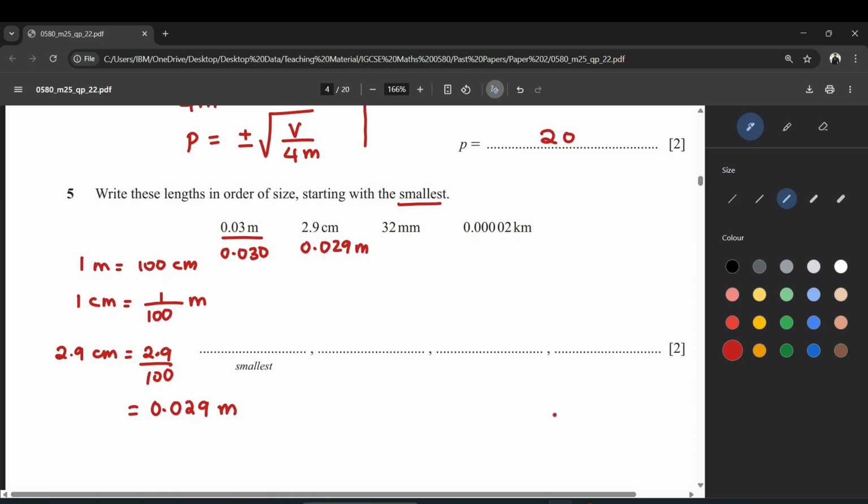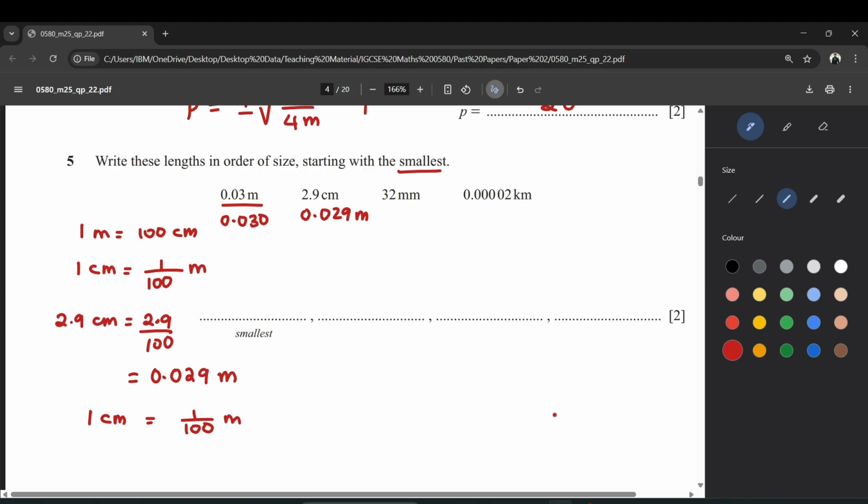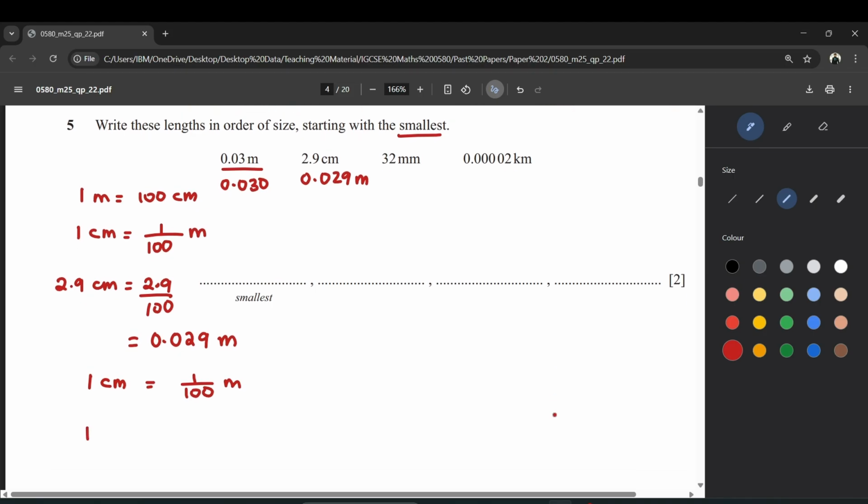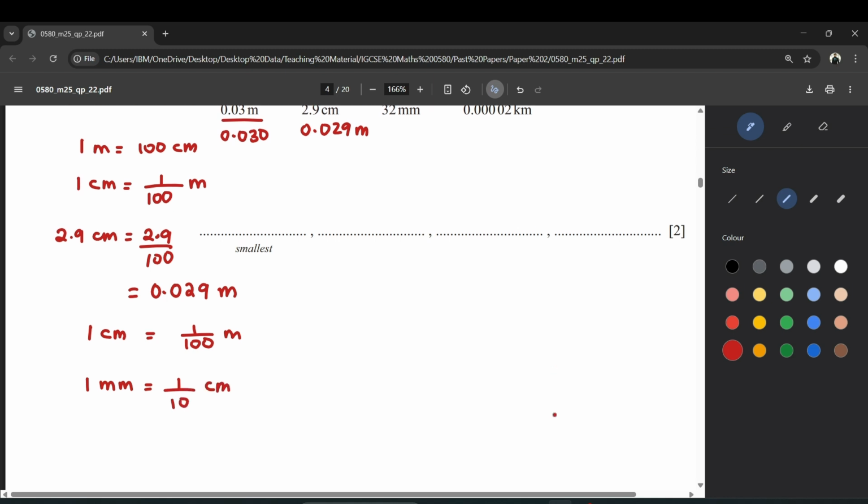Then 32 millimeters. If 1 centimeter is equal to 1 over 100 meters, then 1 millimeter is equal to 1 upon 10 centimeters. So 1 upon 10 centimeters multiplied by 1 over 100, in total you would get 1 upon 1000 meters.